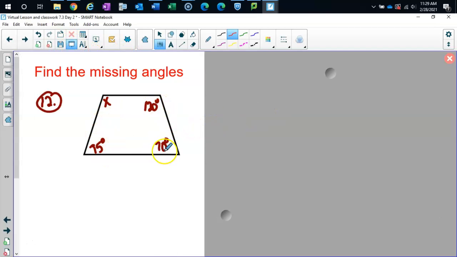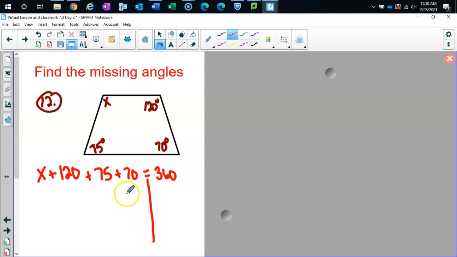Okay, find the missing angle in that quadrilateral. Guys, this is 75. That's 75. Go. All right, our equation should be x plus 120 plus 75 plus 70 equals 360. Remember, all the angles in a quadrilateral add up to 360. All right, combine like terms on this side.